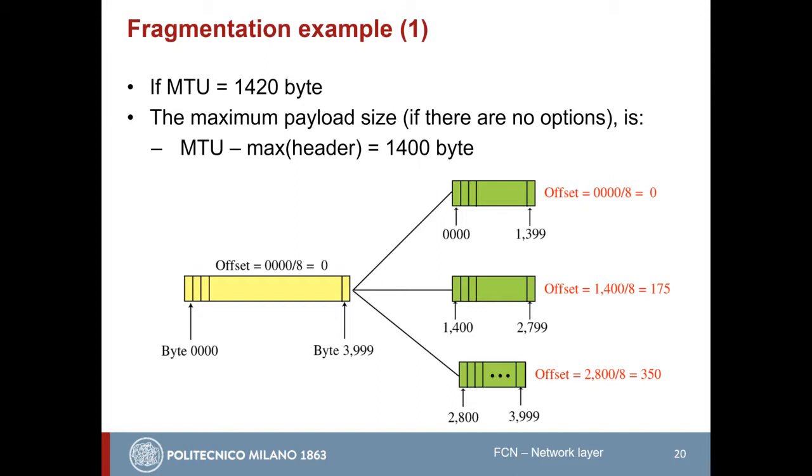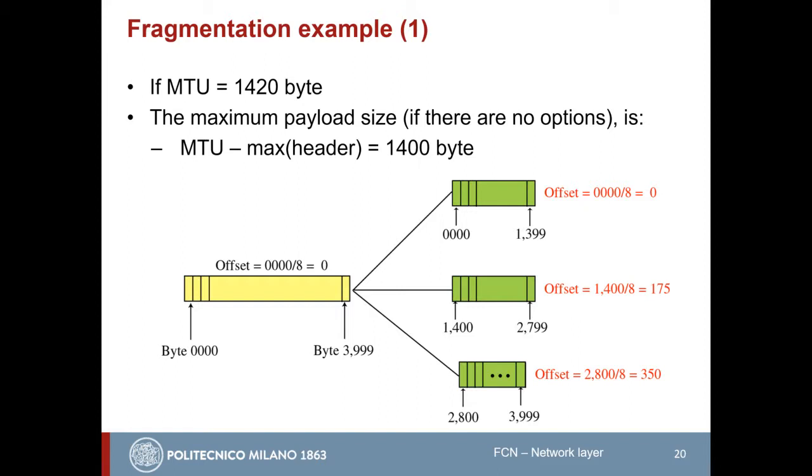Since here we have to apply fragmentation, we assume that the D flag is set to 0, so we can fragment the packet. We must first of all understand how many fragments are generated in this case.